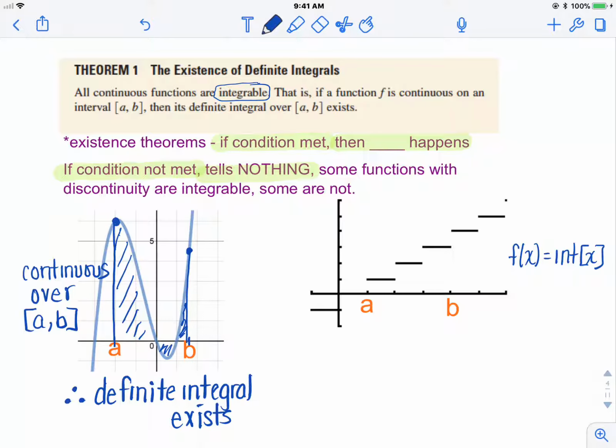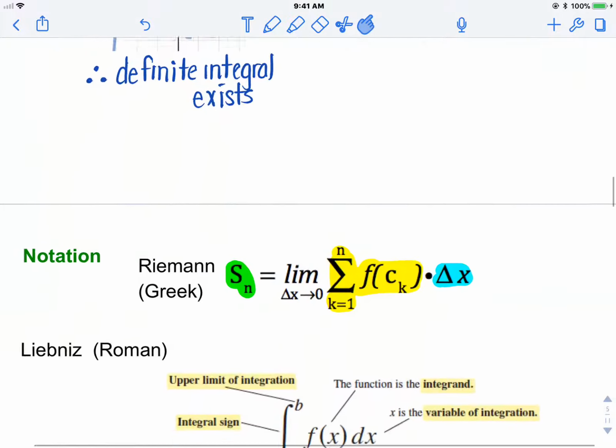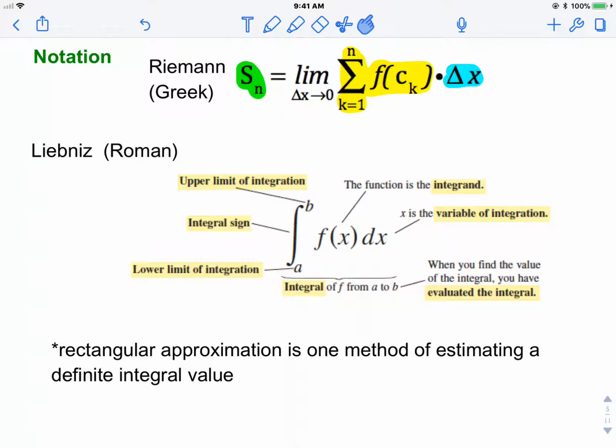However, between a and b, could I break this into rectangles and get an exact area between the curve and the x-axis? Yes. But that doesn't mean that all discontinuous functions can do that. So we just want to be careful. The existence theorem tells us what happens if it is continuous between those 2 values. I will be able to get an integral value, a finite sum that tells me the area between those.